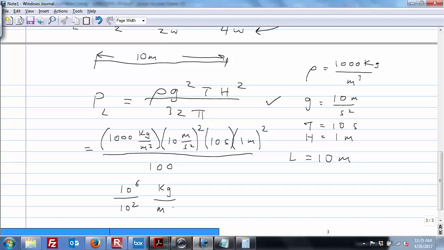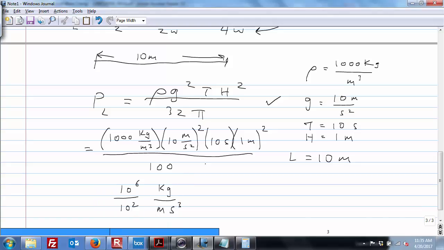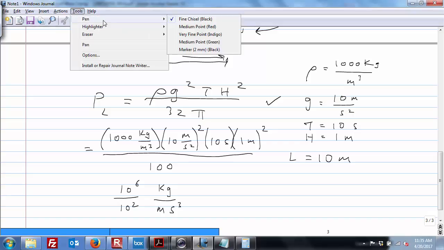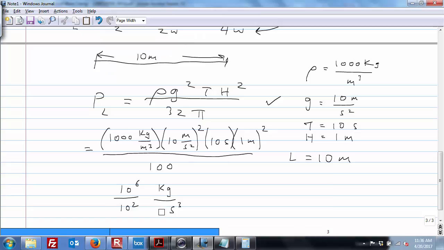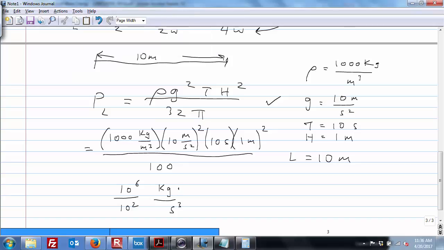That's seconds cubed. Oh, and I screwed up my meter. Sorry, meters belong in the numerator. So it's kilogram meters per seconds cubed.